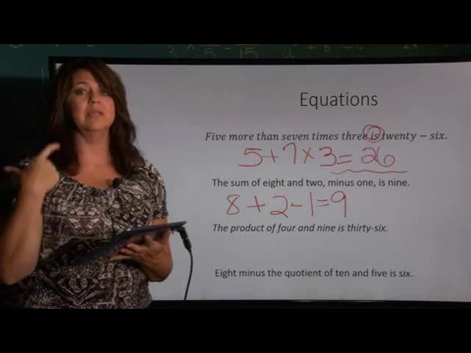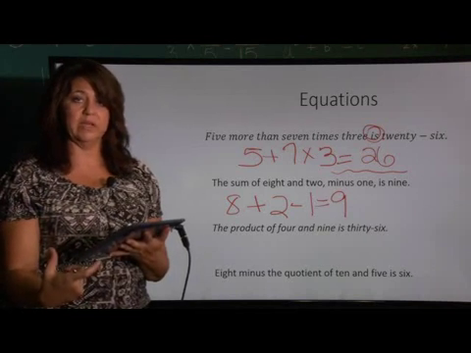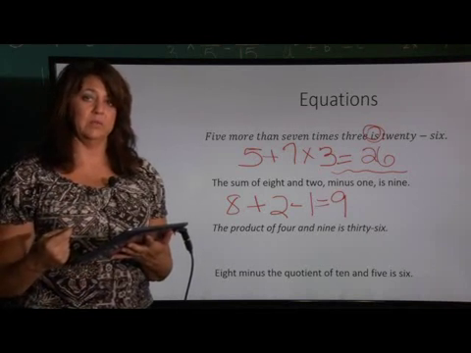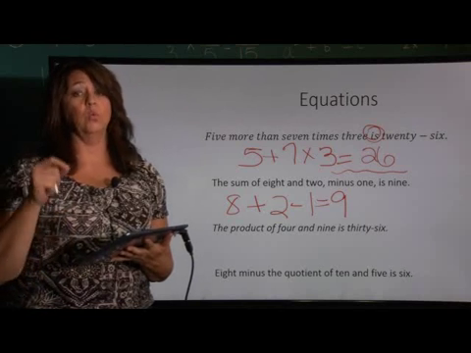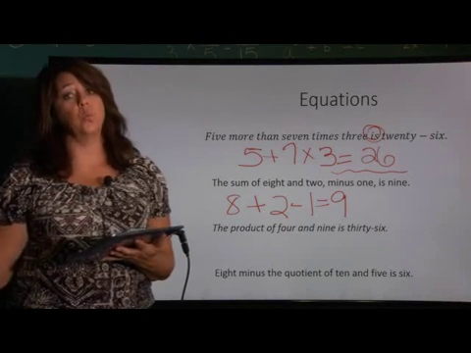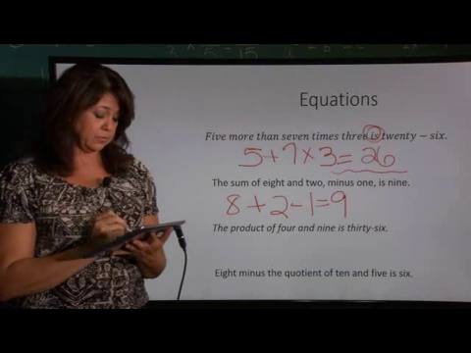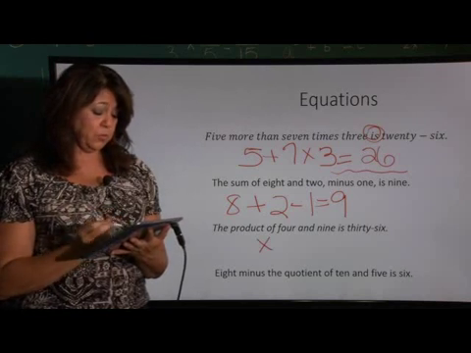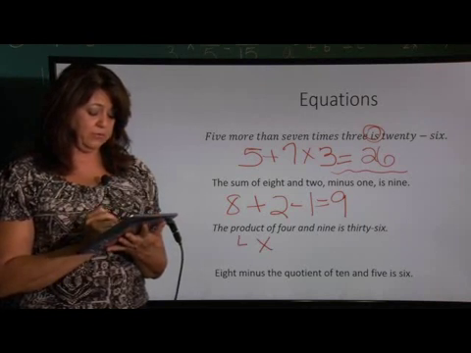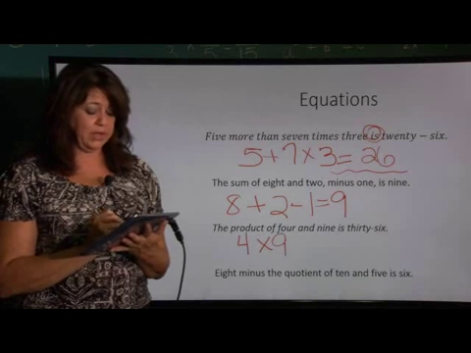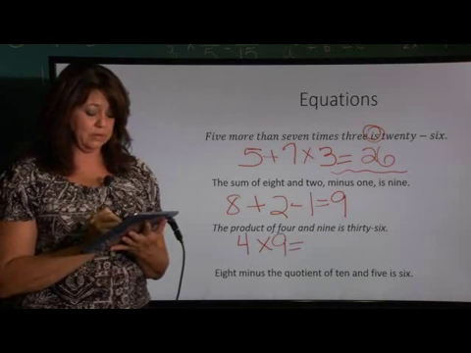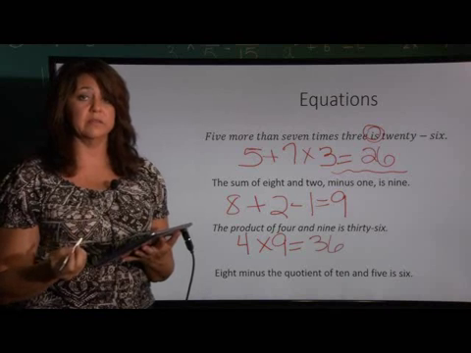Keep practicing. These will start to make more sense, but you might need to spend some time memorizing what words go with what math symbols. The product of 4 and 9 is 36.